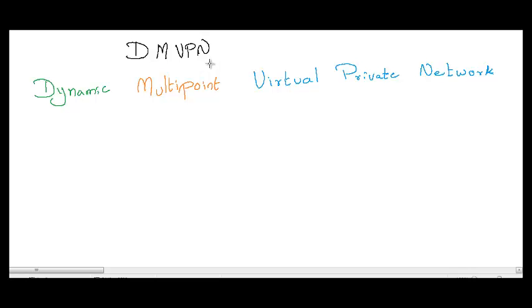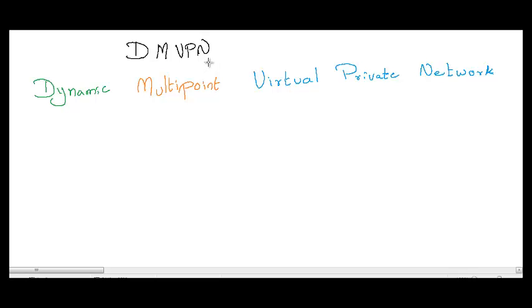Today we are going to do this lab in two different steps. First, establishing a DMVPN tunnel, which is not a secured VPN. It is just a dynamic tunnel that is getting established.